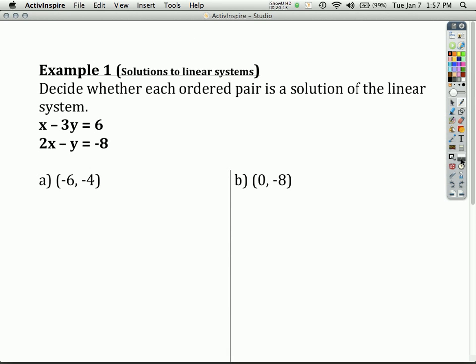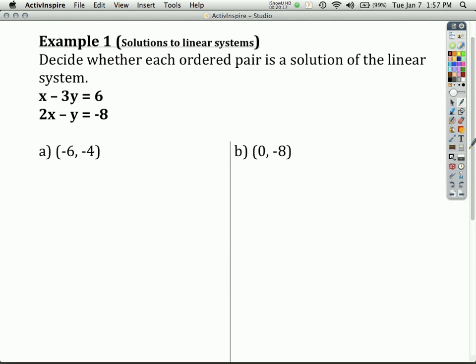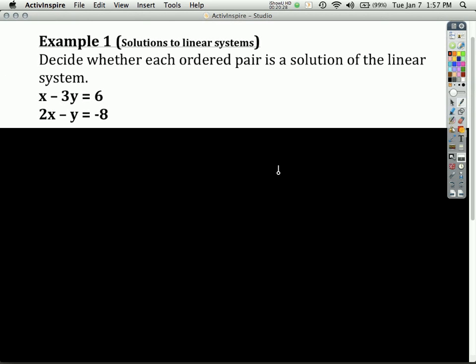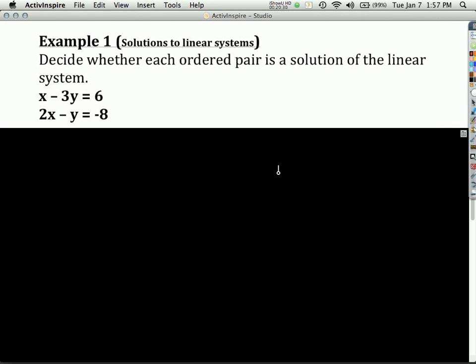So, example 1. Decide whether each ordered pair is a solution of the linear system. So, for the first time, you are seeing a linear system, and there is a system. It's two equations together.